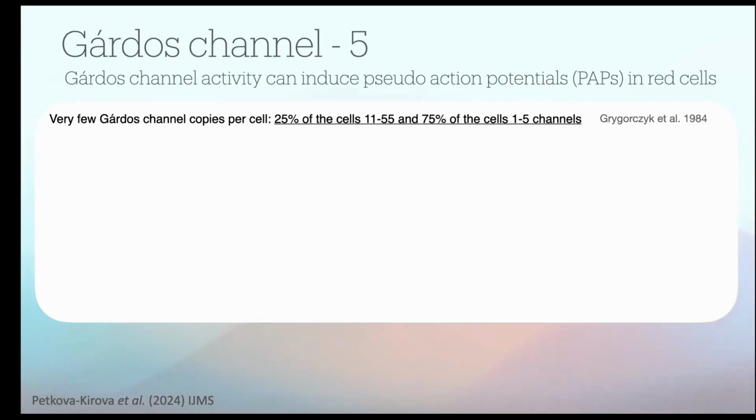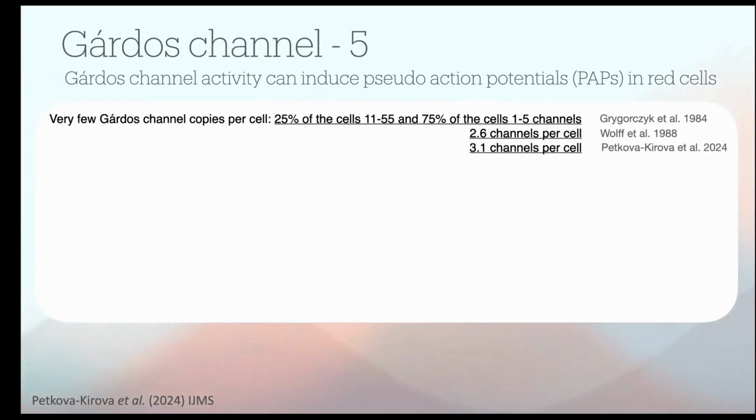In the Hoffman et al. paper, they compared channel activity with sodium or rubidium fluxes through the Gardos channel. Wolff et al. a few years later estimated 2.6 channels per cell. In our paper this year, by comparing whole cell patch clamp with single channel conductance, we came to something like 3.1 channels per cell. So the same order of magnitude.